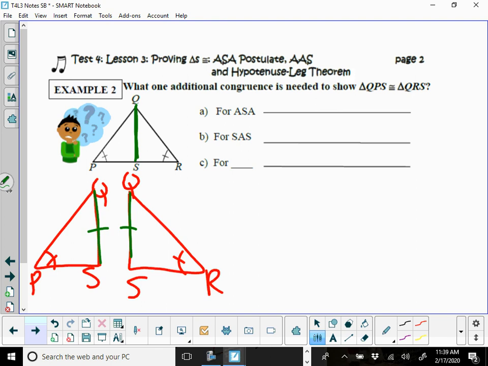Okay, if you want to do angle side angle, then you would have to know that this angle up here, that angle PQS, is congruent to angle RQS.